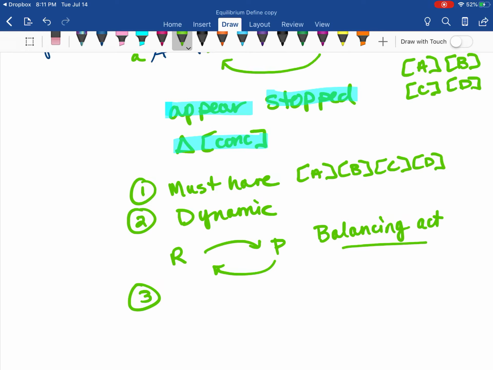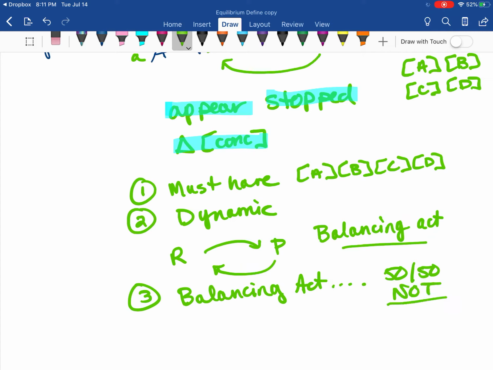And then just wait for it. Who sets up that balancing act? Is that balancing act up to you? No. That balancing act is not as simple as even 50-50. What if you have half reactants, half products? That is not what equilibrium means.